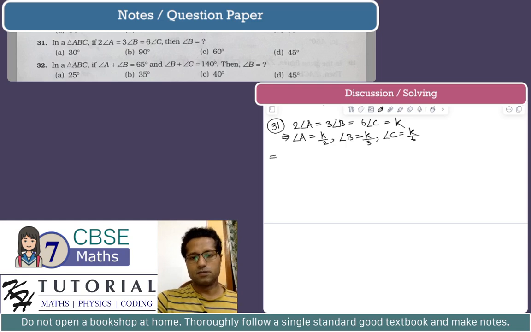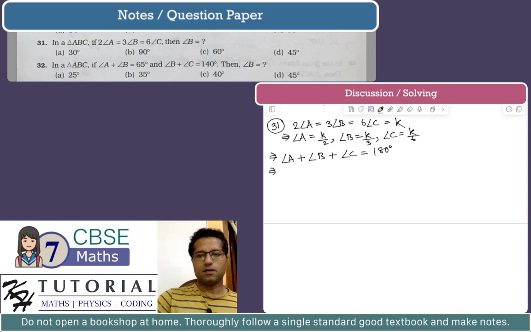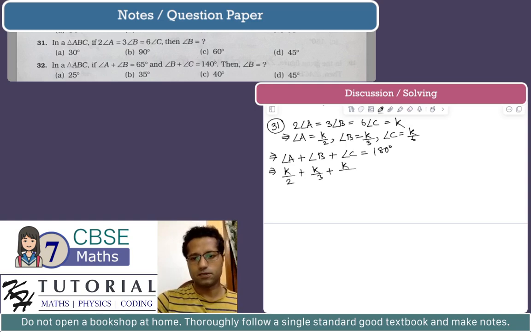Now if we add the angles, we know that in triangle ABC, angle A plus angle B plus angle C has to be equal to 180 degrees. So if you now substitute A, B and C in terms of K, you have K by 2 plus K by 3 plus K by 6 is equal to 180 degrees. A is not K by 6 but K by 2.